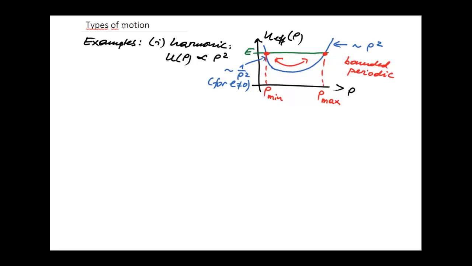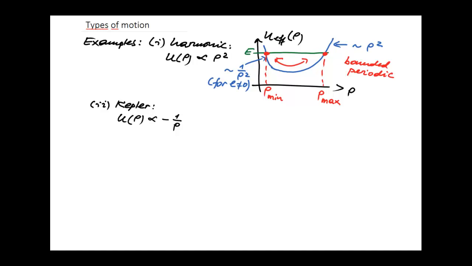Let's look next at the Kepler problem. Well, the Kepler problem comes originally from the gravitational force, where the potential energy as a function of distance goes like minus 1 over the distance.